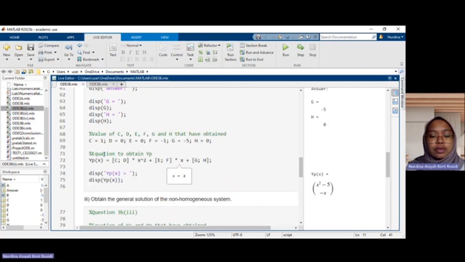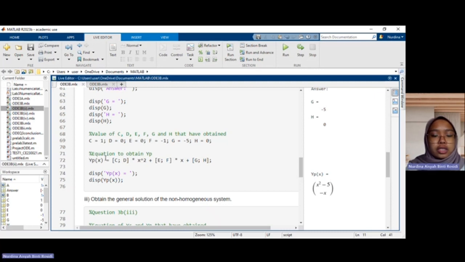Next step, the values C, D, E, F, G, and H that have been obtained: C is 1, D is 0, E is 0, F is negative 1, G is negative 5, H is 0.